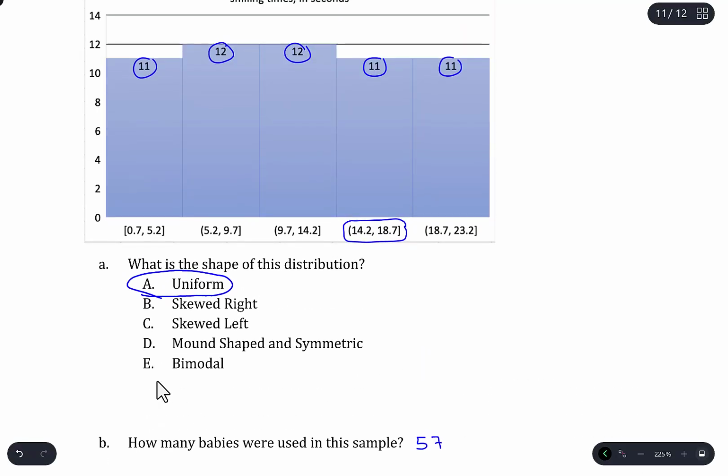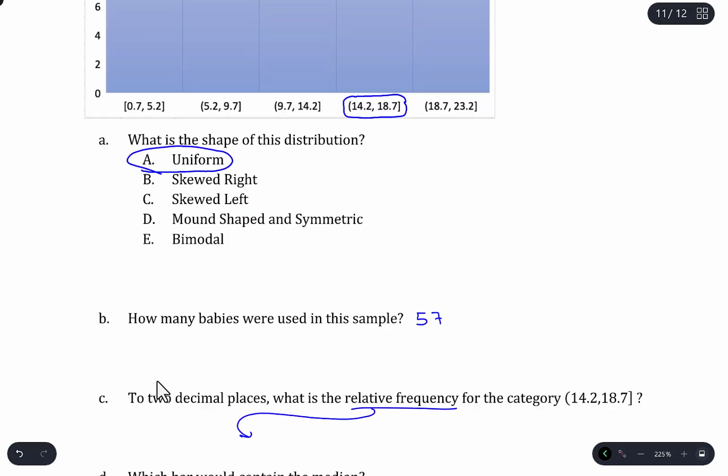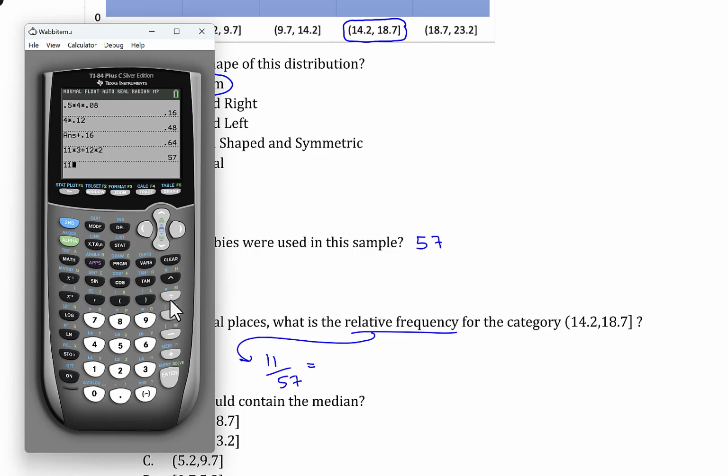So we have 11 items in that particular class range out of the 57 total. So 11 out of 57, that's going to be 0.193. Or I guess it said 2 decimal places, so 0.19.